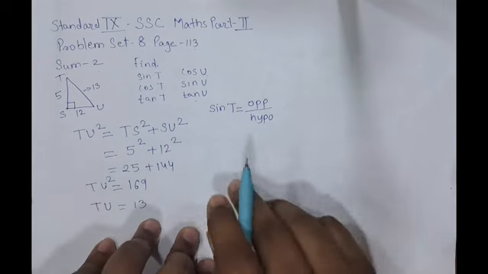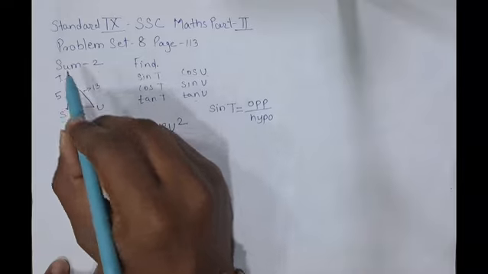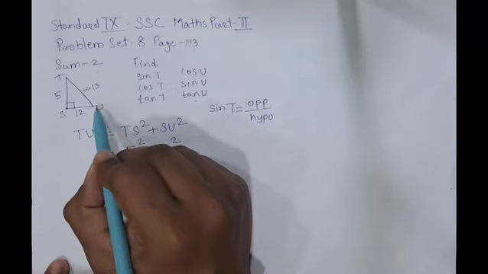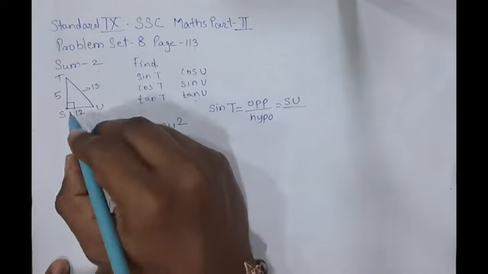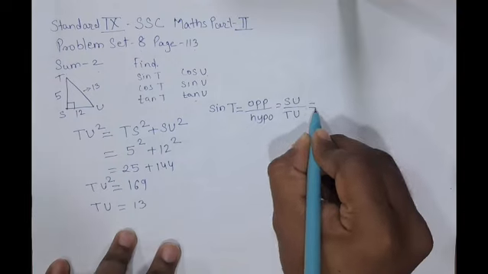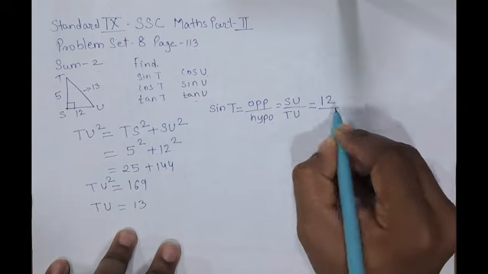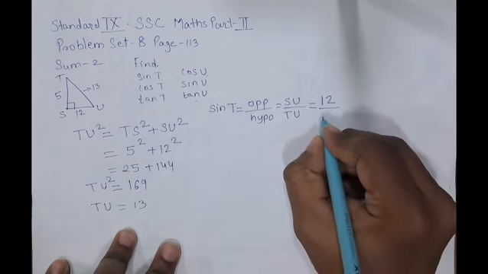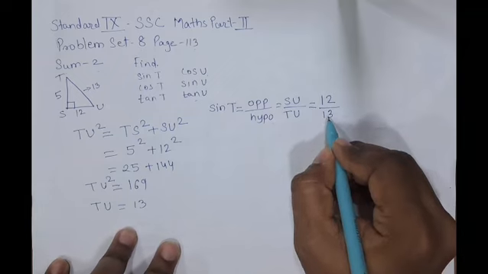With respect to t, the opposite side is SU and the hypotenuse is PU, which is equal to SU is 12 and PU is 13. So sin t is 12 upon 13.